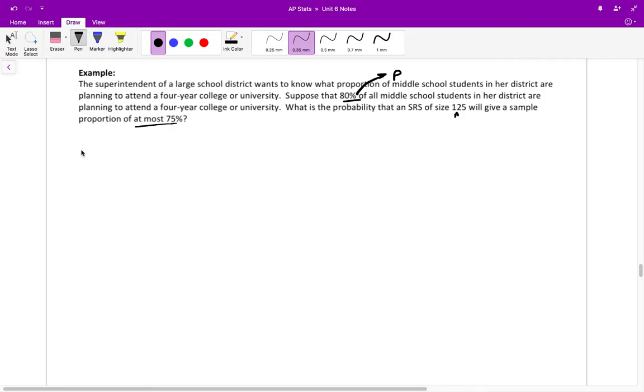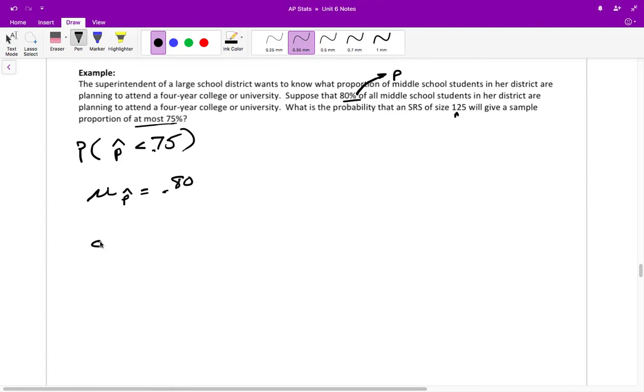So what we're looking for here is the probability that our sample proportion, p hat, is at most 75%. In other words, that it is less than or equal to 0.75. Now, keep in mind, it told us that the mean of p hat, the mean of our sampling distribution, is 0.80. Remember, that's just the same as p.